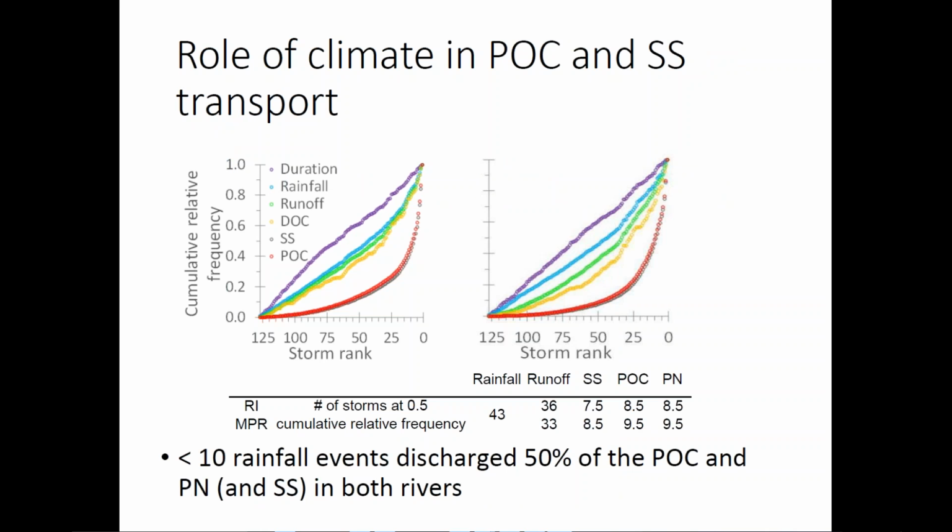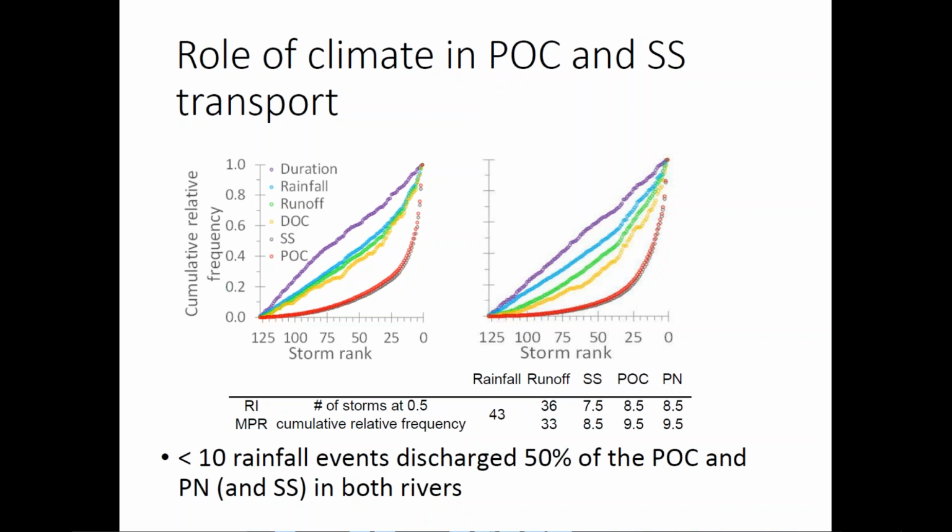Okay, so essentially what I wanted to do was clip out the largest storms, and then ask Bob Fowler to extract what was the carbon and the suspended sediment and the water, what actually came out during these individual storms. And what you can see is actually quite interesting.